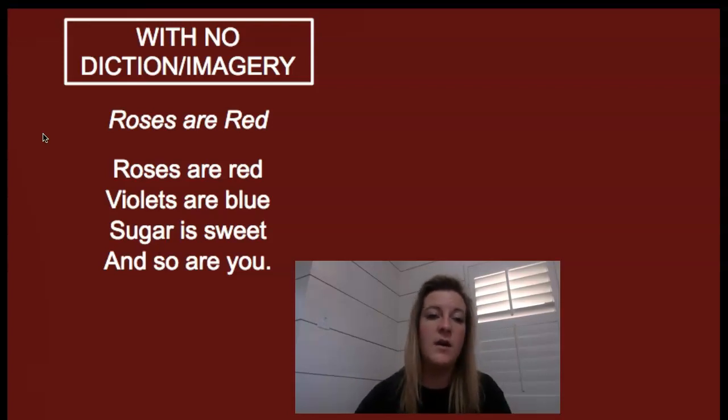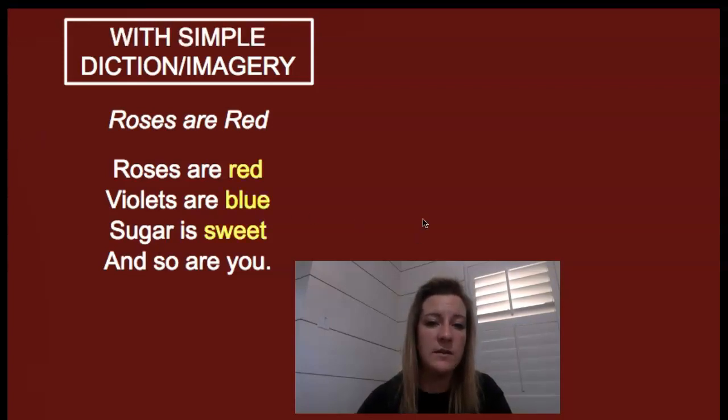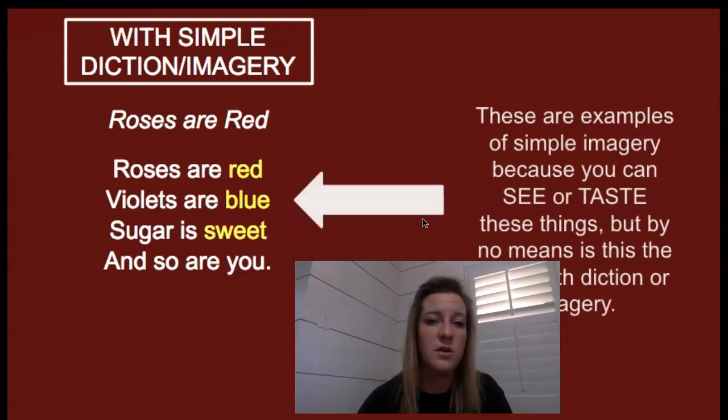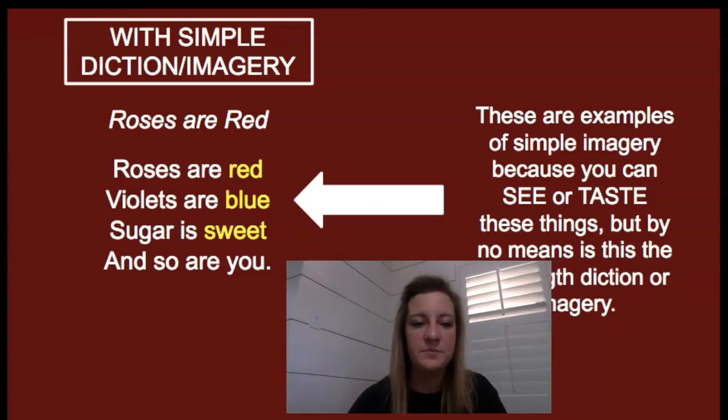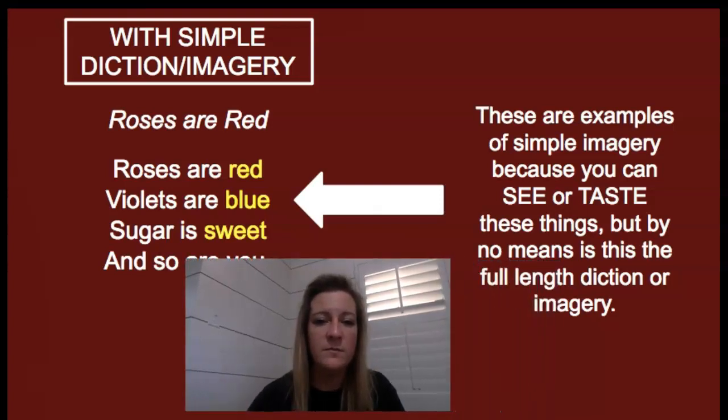Okay, so I forgot to mention this, but the imagery in a poem can connect to your senses, the five senses.